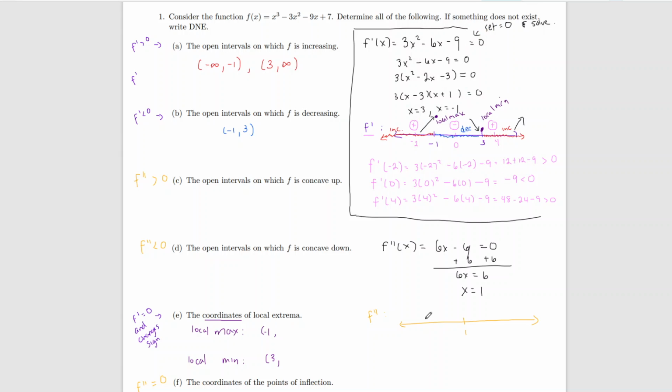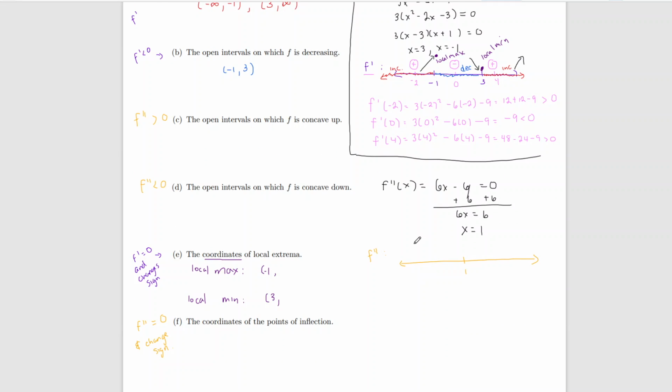So go ahead and now pick a number in each interval here. So something to the left of 1, which is 0, something to the right of 1, which is 2, and plug them into your second derivative. Okay, so we want f prime prime of 0, f prime prime of 2, and our function formula is just 6x minus 6.